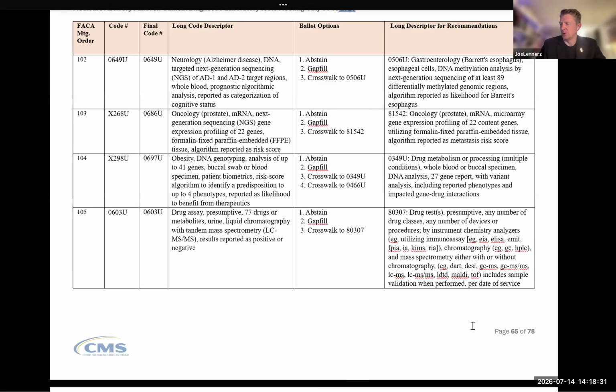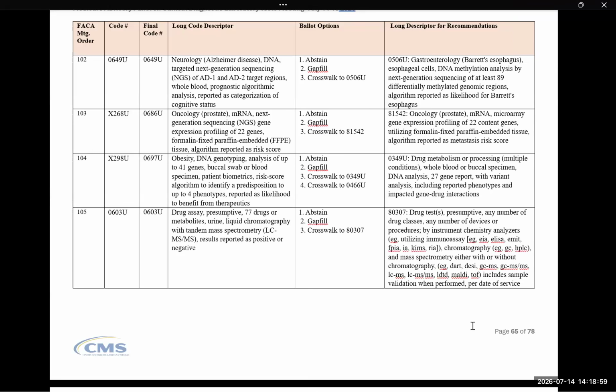So that's a crosswalk option, which is 0506U. However, the recommendation from the subcommittee and myself is to go for gap fill because it's not perfectly represented, and this is a distinct disease, and it's not tissue-based, it's whole blood-based. So final recommendation from the subcommittee and myself is gap fill.